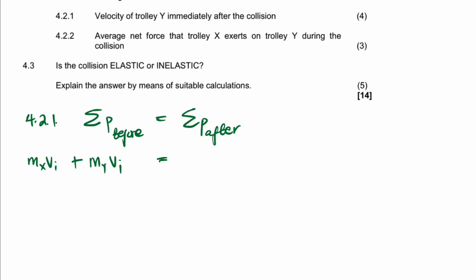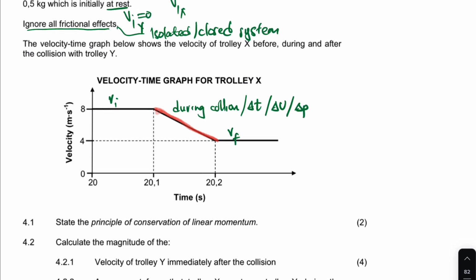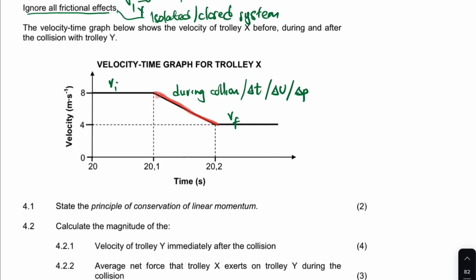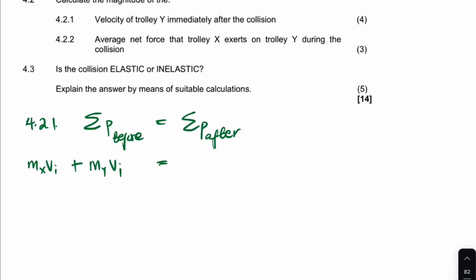And then after collision, we are not told that they moved off together. After collision, they collide and rebound. So we have the mass of trolley X and its final velocity, and the mass of trolley Y and its final velocity. So we're going to substitute there.